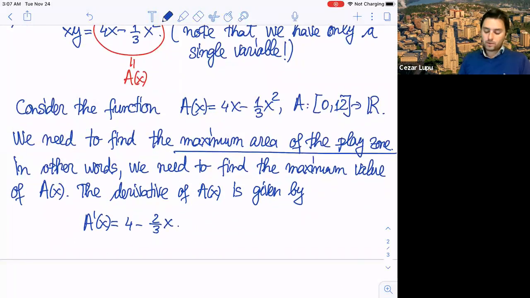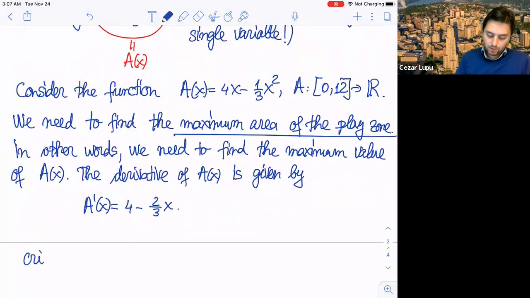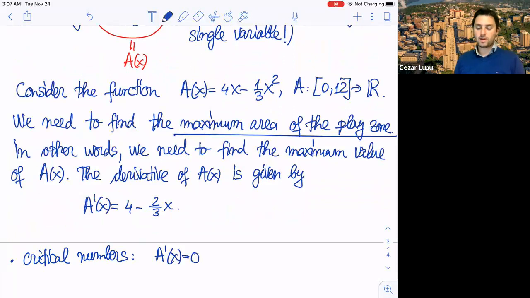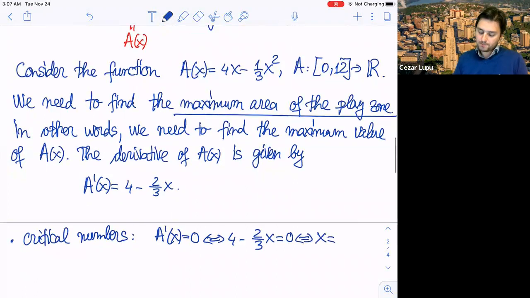Okay, now the critical numbers. We obtain them when we set A prime of x equal to 0, and this is equivalent to 4 minus 2/3 times x equals 0, which gives x equals 6.